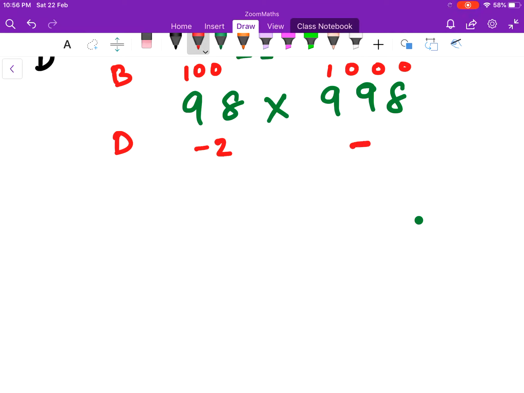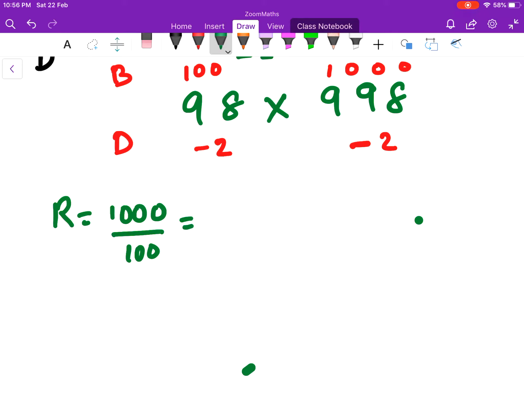It is minus 2 again. Now a new step is that we will find the ratio of the bases. We find the ratio of 1000, the bigger base always on top, with the smaller base below. That's going to be how much? 10. So your ratio is 10.